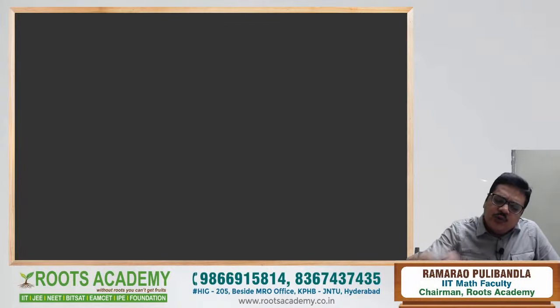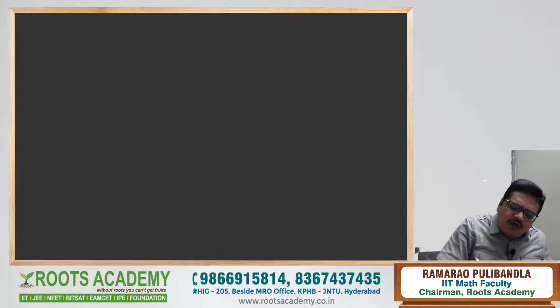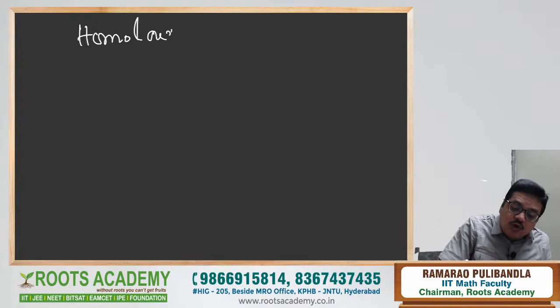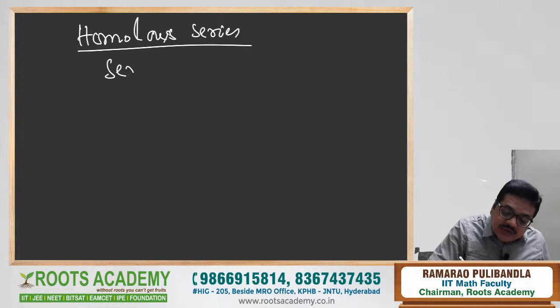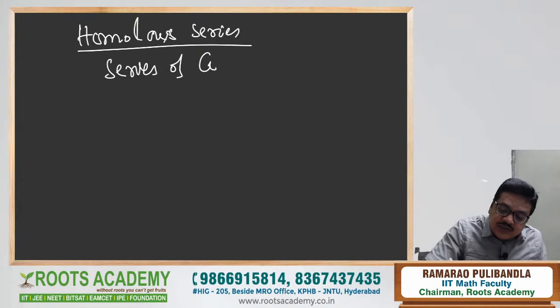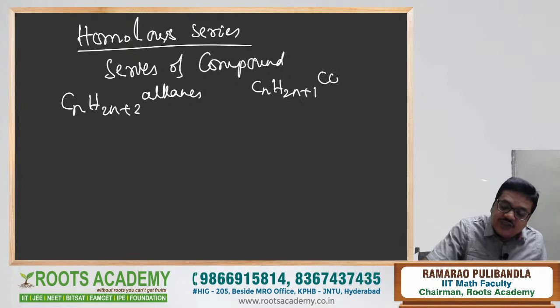Now I want to discuss, already I discussed about homologous series. What do you mean by homologous series? Homologous series means series of compounds having same general formula. For example, CnH2n plus 2, alkanes. CnH2n plus 1, COOH. These are carboxylic acid.